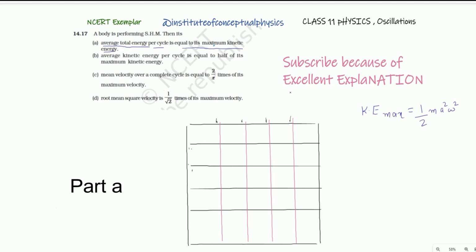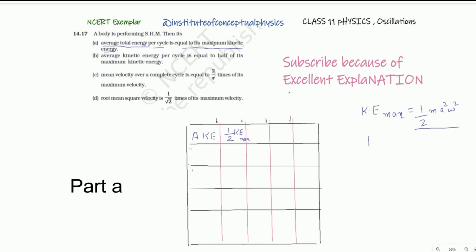Right, will be how much? Energy is given by this. The average kinetic energy will be given by half of this, right? We know that we have to multiply this with half. It is half of the KE max.